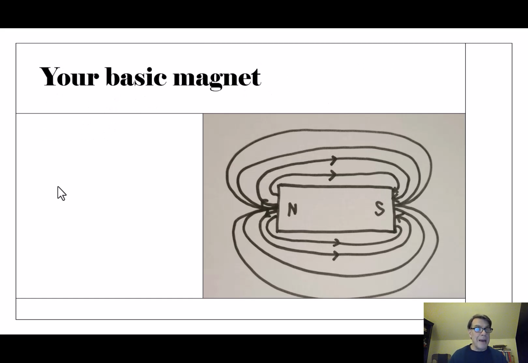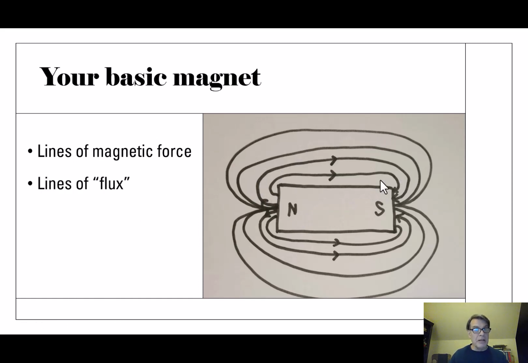So your basic magnet is actually quite similar to the way a battery works with electricity. And like I said, magnetism and electricity are actually related forces. They are different manifestations of the same electromagnetic force, as it were. So these are imaginary lines here, but they are lines of force.